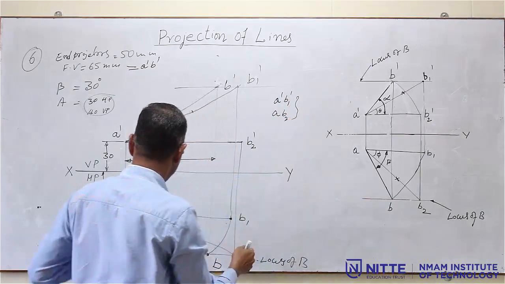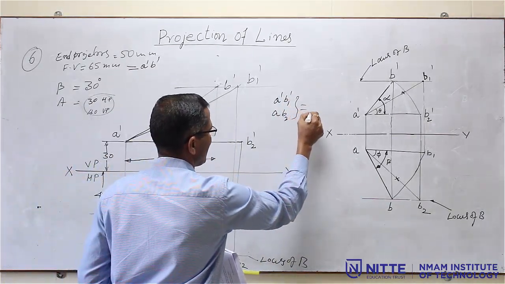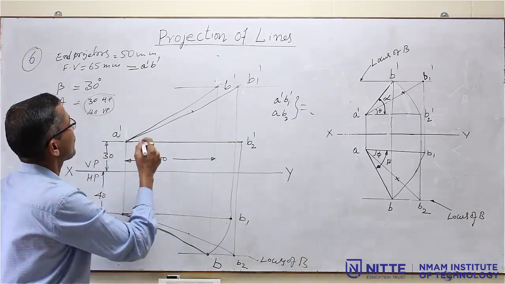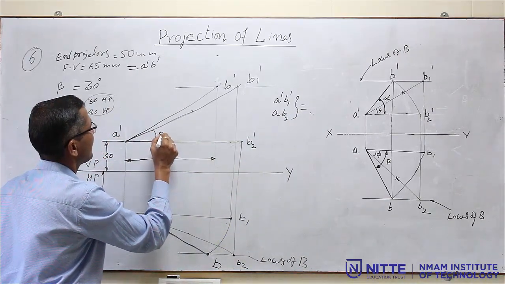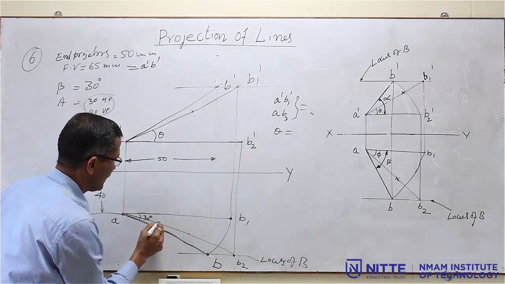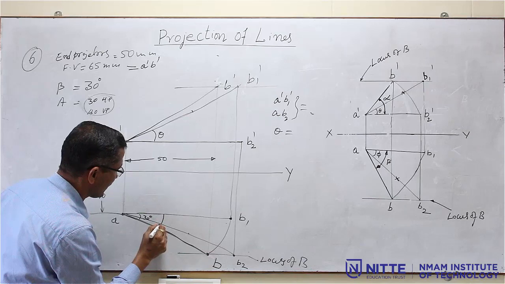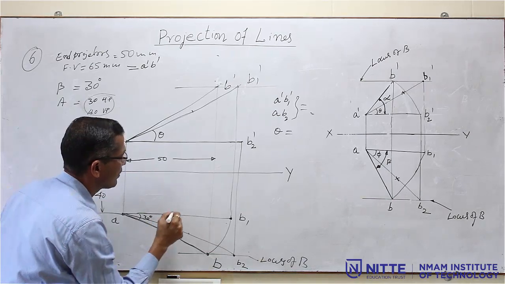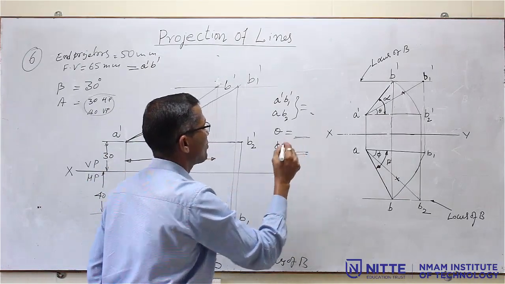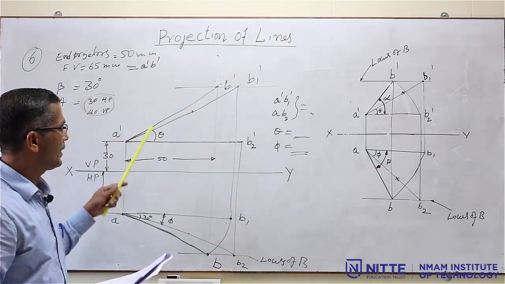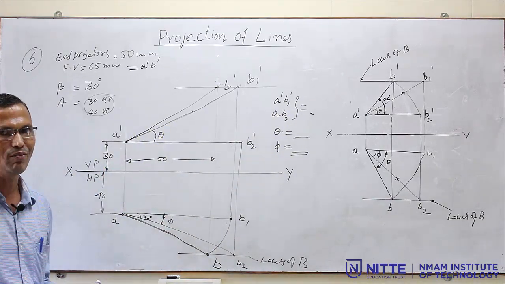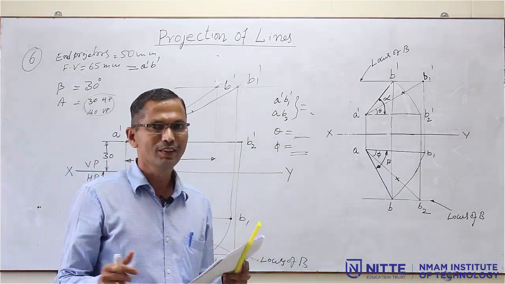You have to measure it and give the answer. Similarly, true inclinations means this theta, you have to measure it and give the answer. Then this inclination, that is phi, is equal to how much. So, these two you have to measure and give the information here. So, this is the complete solution for problem number 6.